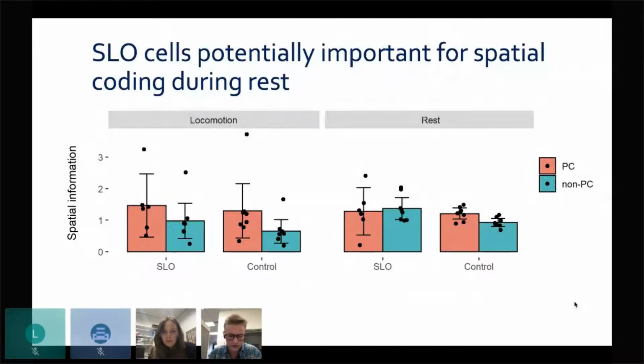And this fits with some research. There's not a lot of literature on these kinds of cells, that's why I call it a novel population, but similar research has found this to be the case. But obviously, this is not very conclusive evidence. So this is something that we're still wanting to work on. Next slide, please.